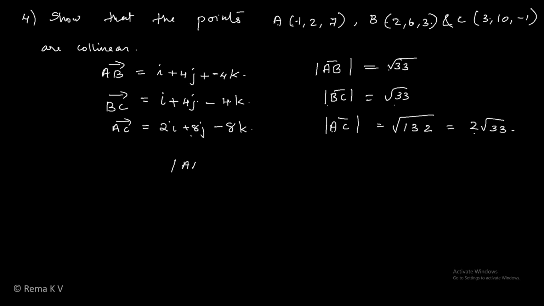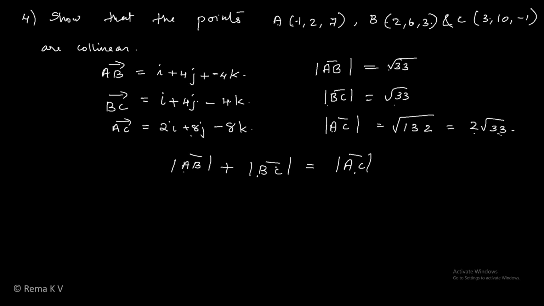And also modulus of vector AB plus modulus of vector BC is equal to modulus of vector AC. This is root 33 plus root 33, which is equal to 2 root 33.